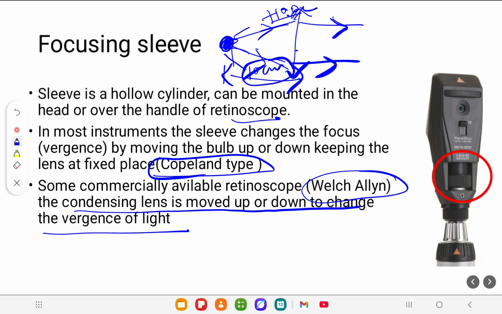Isn't it simple? Suppose this is the bulb and light emits from here, and we place the lens far away.